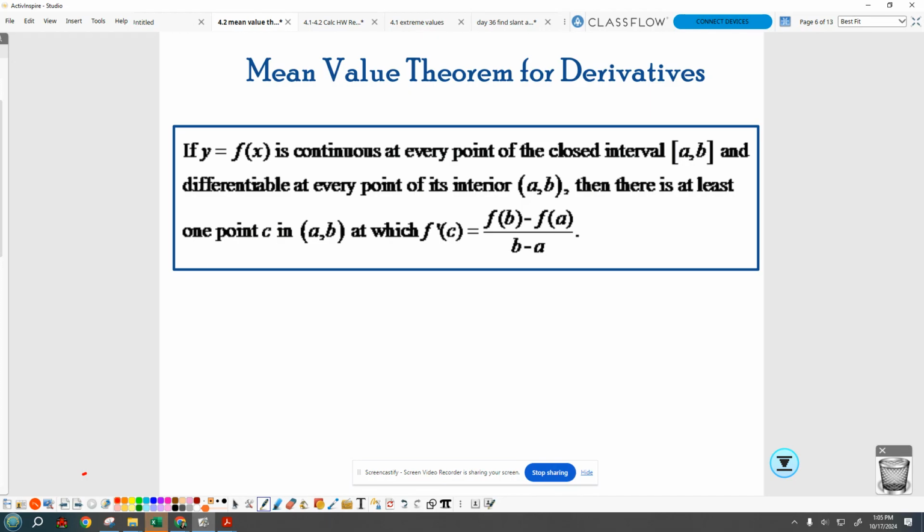The big deal with this: if you have a continuous function over a closed interval, and it is differentiable over the open interval, there has to be somewhere in that interval that your instant speed equals your average speed, or your instant rate of change equals your average rate of change. Has to be.